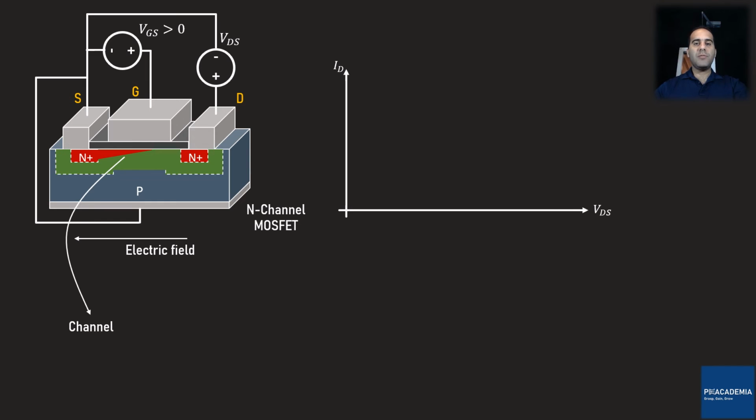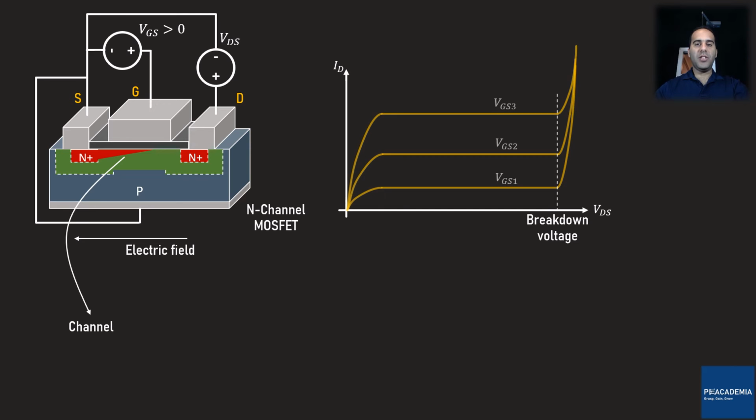Under these conditions, as long as VDS is smaller than the breakdown voltage, no current will flow from the drain to source. By giving the N-channel MOSFET a positive gate voltage, you can observe that the MOSFET conducts.